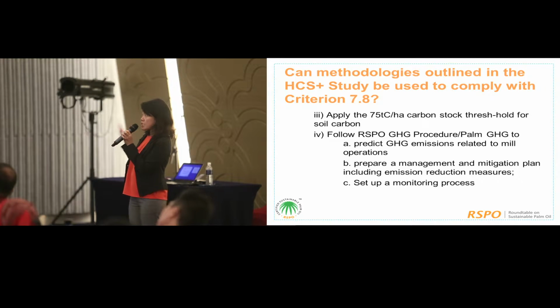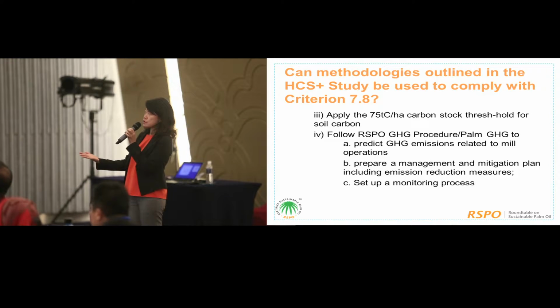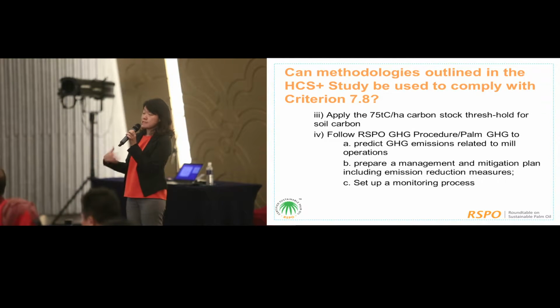Because the HCS Plus study only allows you to assess and estimate your carbon stock, but it doesn't provide anything about developing a management plan to manage your emissions. The study is not about managing your emissions, the study is more about, okay, what is the best methodology to estimate carbon stock.